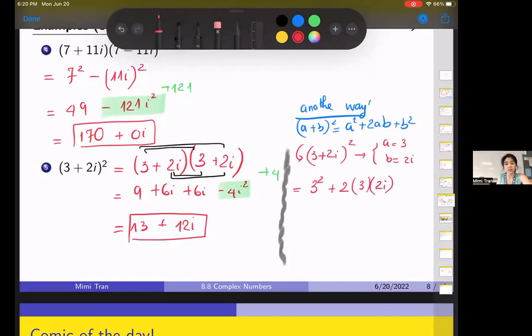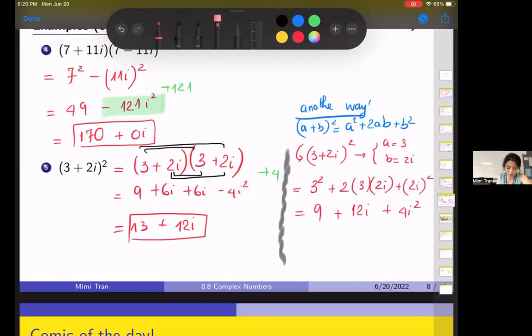I put in parentheses to distinguish between a and b. Plus b squared. B is 2i, so (2i) squared. So I got 9 plus 12i plus 4i squared.